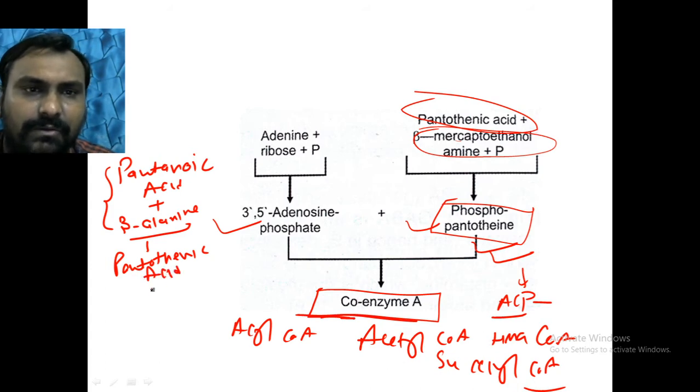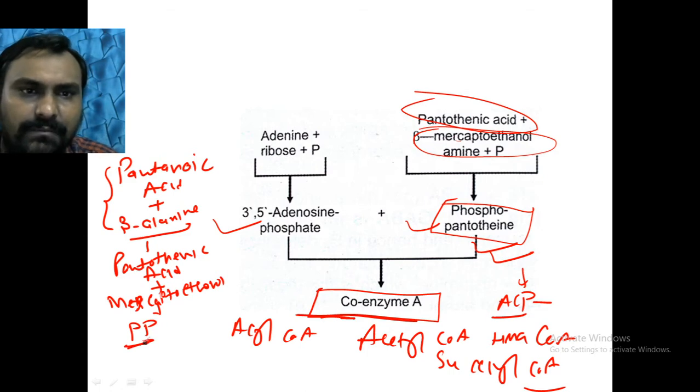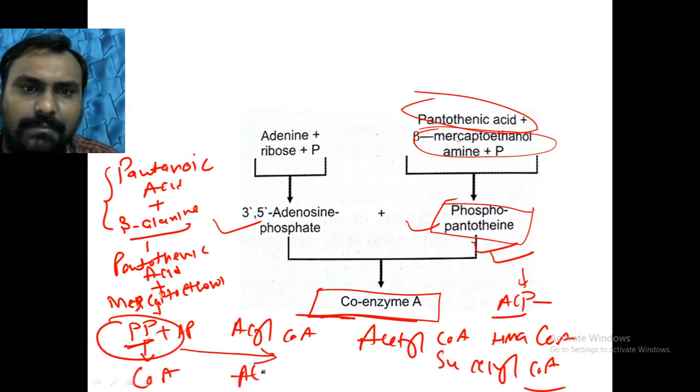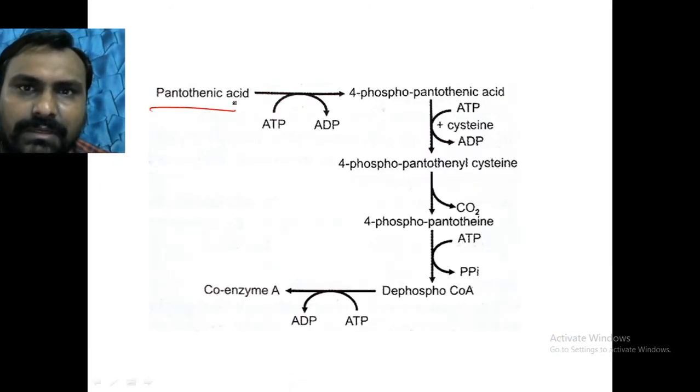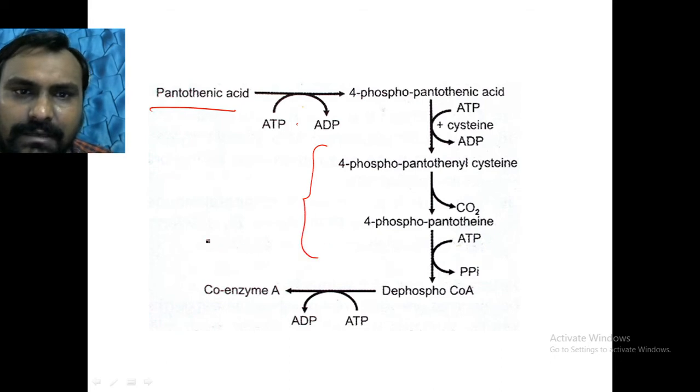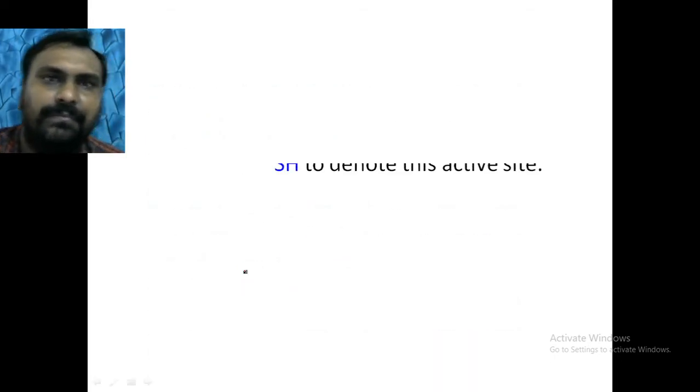Now this pantothenic acid attaches with the mercaptoethanolamine to form the phosphopantetheine, and with the phosphopantetheine adenosine phosphate is added to form coenzyme A. This phosphopantetheine is also present in acyl carrier protein in fatty acid synthesis. So adenosine phosphate is attached to pantothenic acid with the help of ATP, and ultimately coenzyme A is formed.